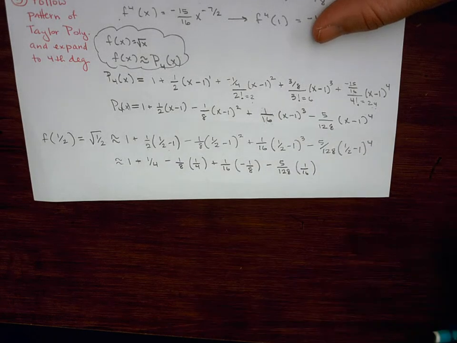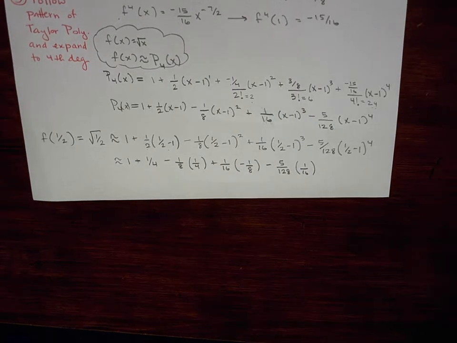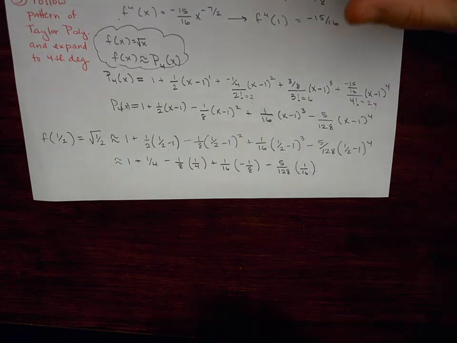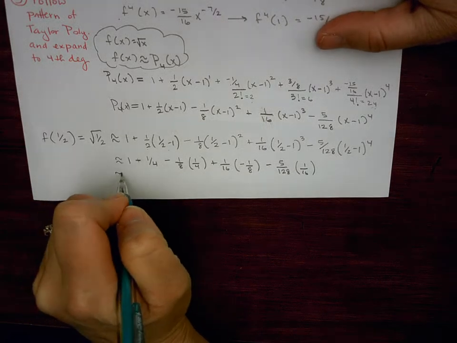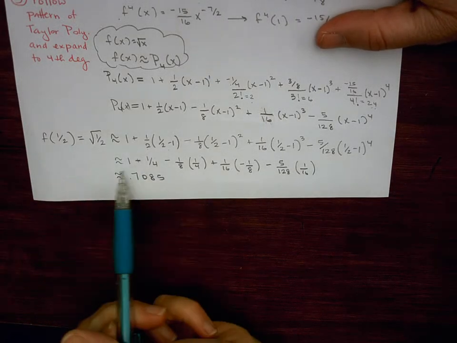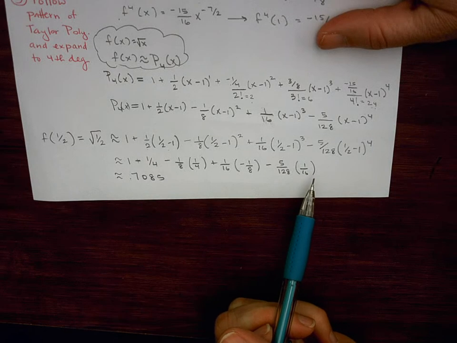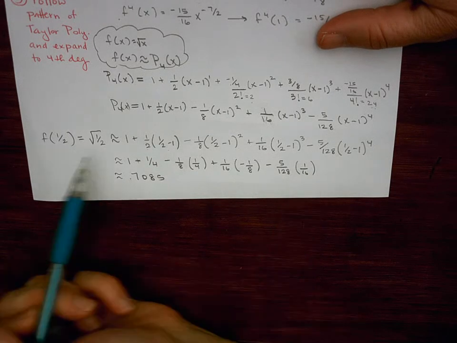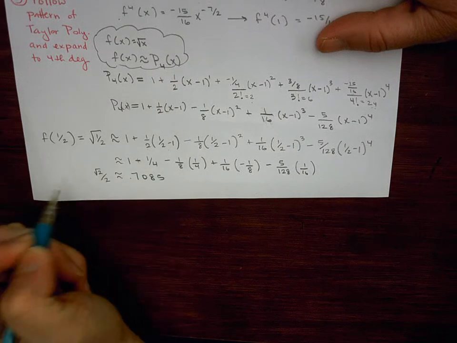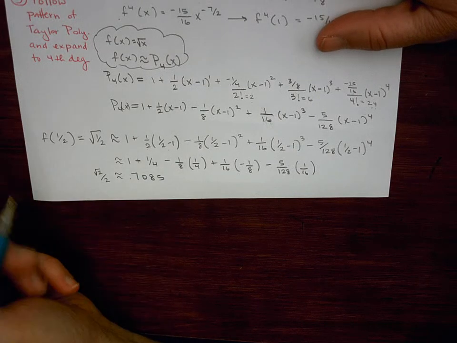Okay. So now we can add and subtract and do all of this by hand, but I'm not going to. I'm just going to give you a decimal approximation to this. So this is 0.7085. So we could add and subtract this and get a fraction answer. And we know that the square root of 1/2 is the same as root 2 over 2, which we know is 0.707 if we try to use our calculator.